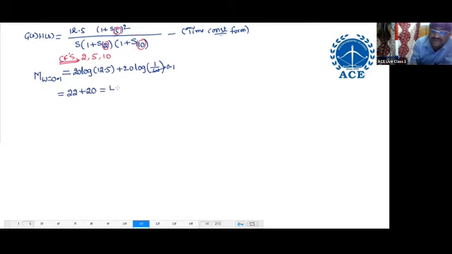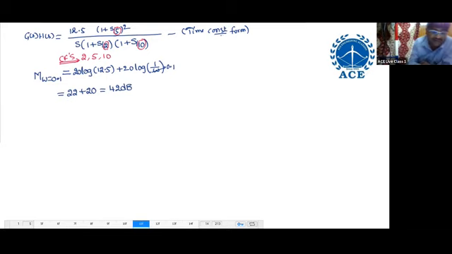That means you get 42 dB. So the initial magnitude we got is 42 dB.